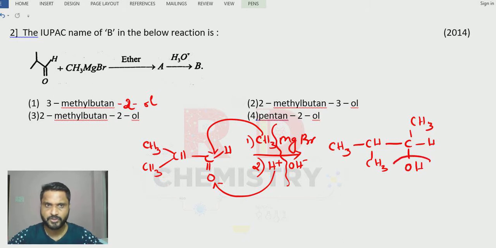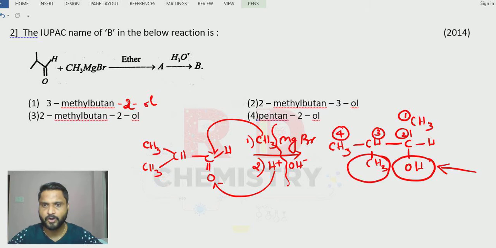We have got functional group OH here. So carbon number 1, carbon number 2, carbon number 3 and carbon number 4. 4 carbon atoms, okay? And the functional group will be there on the second carbon atom, butanol, and again there is a substituent on third carbon, 3 methyl. So the answer should be 3-methylbutan-2-ol. First one is the answer, okay?